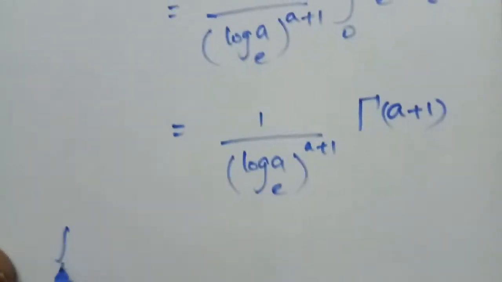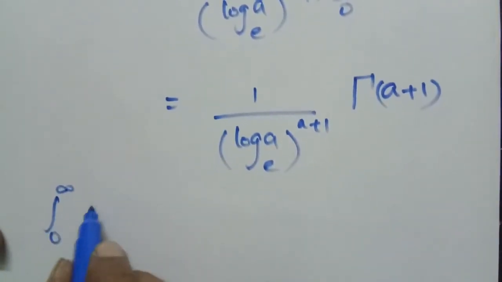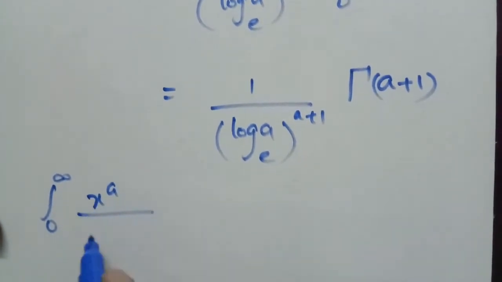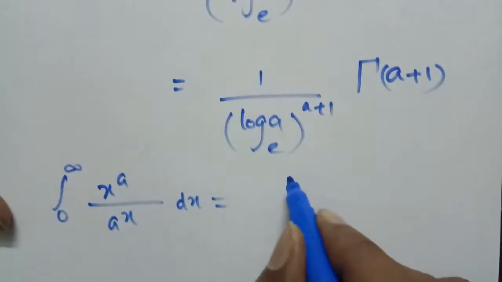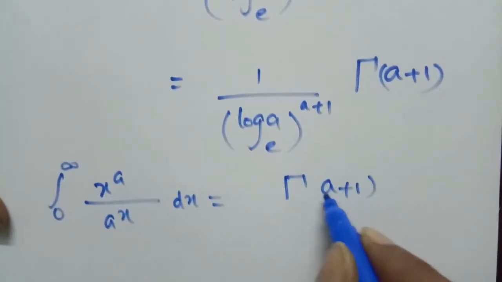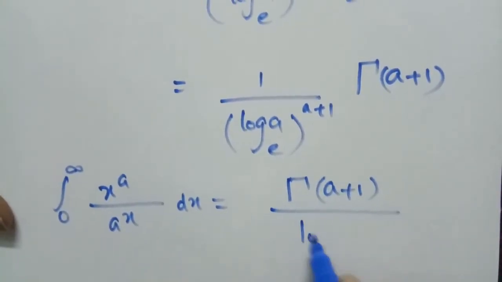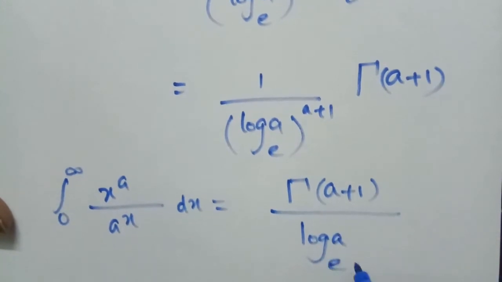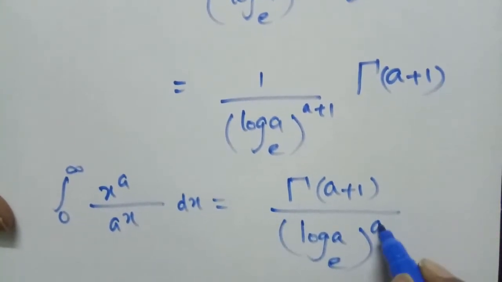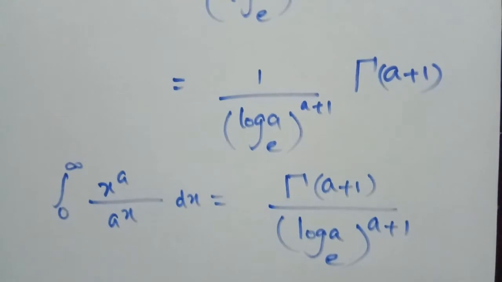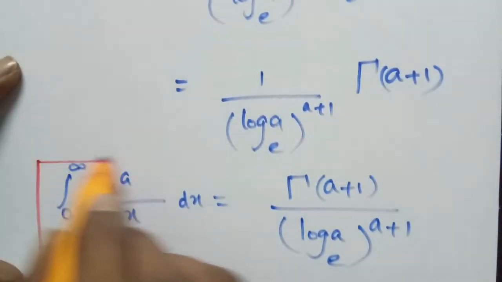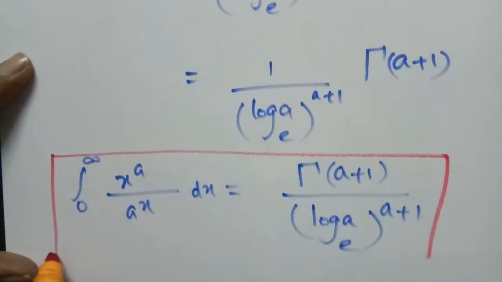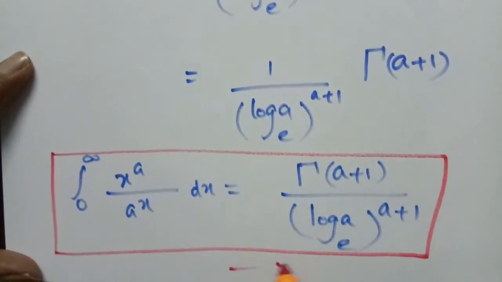Therefore the integral 0 to infinity x power a by a power x dx is equal to gamma a plus 1 by log a base e whole to the power of a plus 1. This is our required integration.